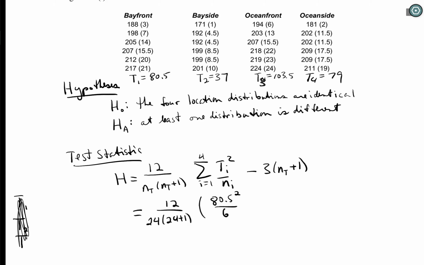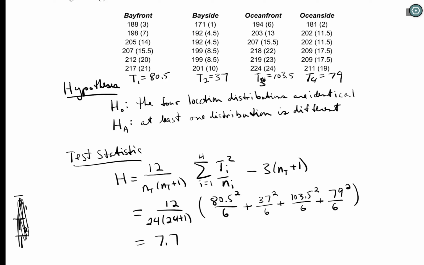So all the sample sizes are the same. They're 6. I'm going to go to the next term when i equals 2. Here I've got 37 squared over 6 plus 103.5 squared over 6 plus 79 squared over 6. You go through that computation. I'll let you do that. I get roughly 7.7 with that computation.